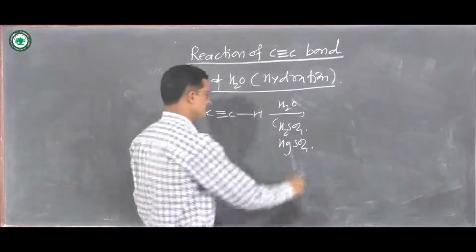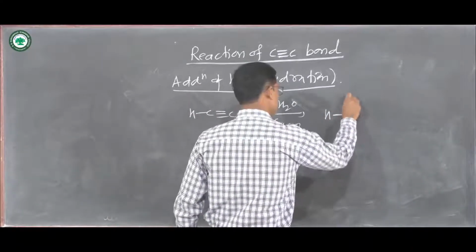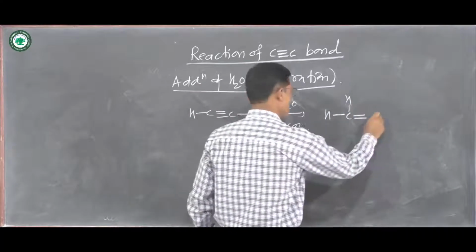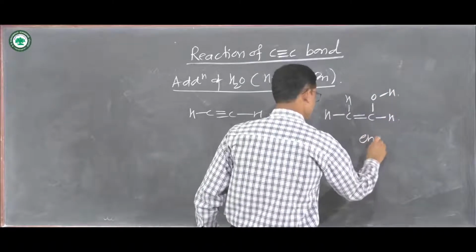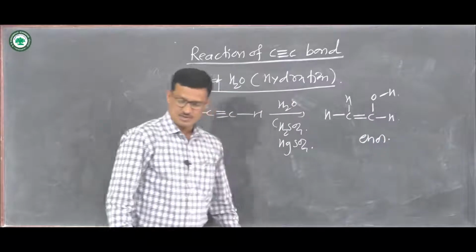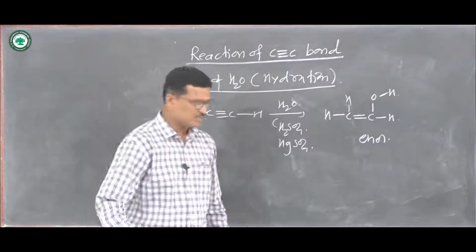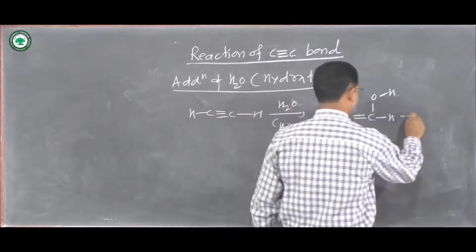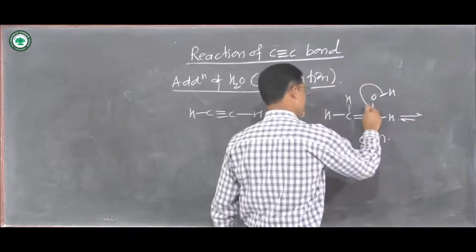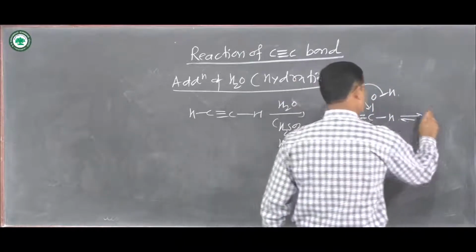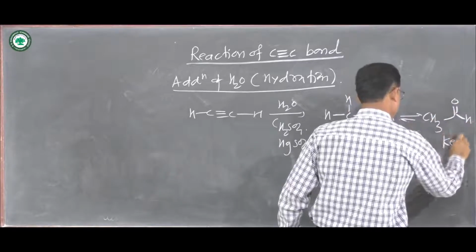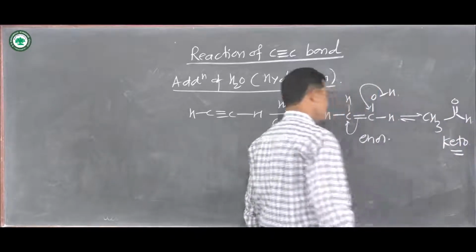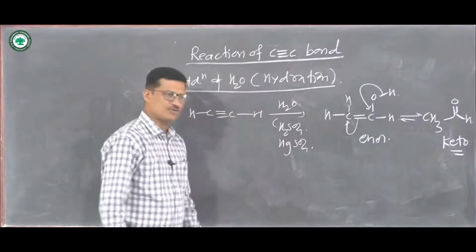Then the addition reaction takes place, and we form this enol form. Once the enol form is formed, this enol form is converted into the keto form. And this is the keto.